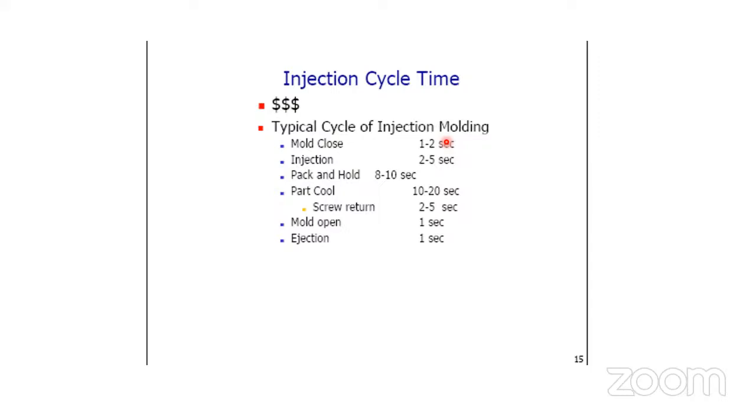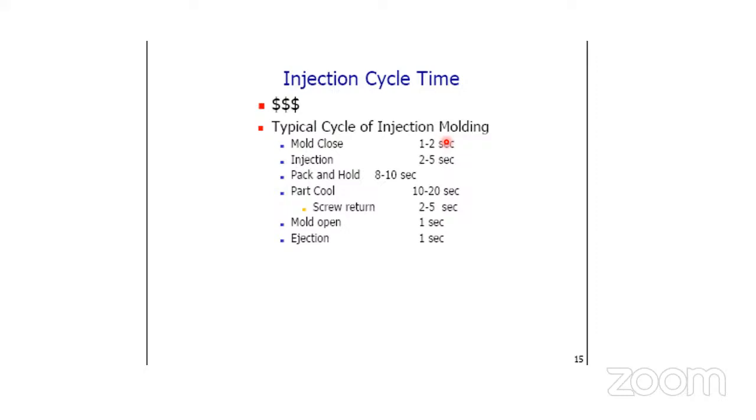Now, why is the time very less for mold close? If the article is of very high volume, the mold will still take the same timing. It is not related to low volume or high volume.